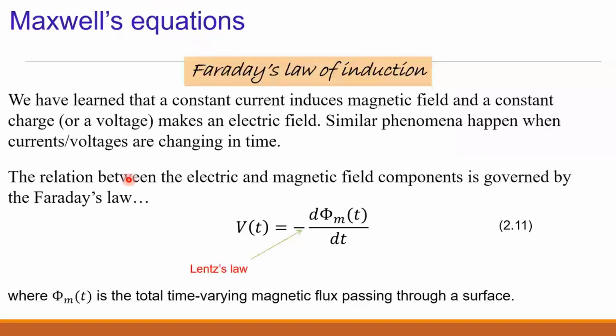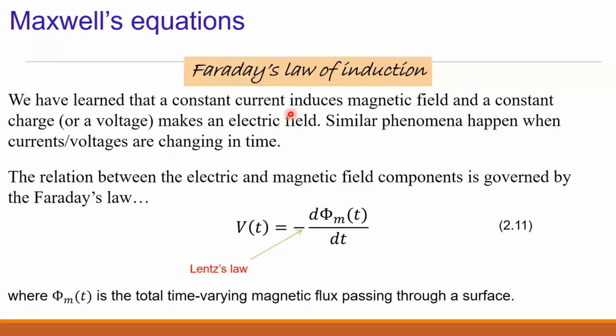We have learned that a constant current induces a magnetic field and a constant charge makes an electric field. Constant current means current is continuously present. Current is nothing but charge with respect to time, so it is a time varying quantity, but continuous, non-stop.